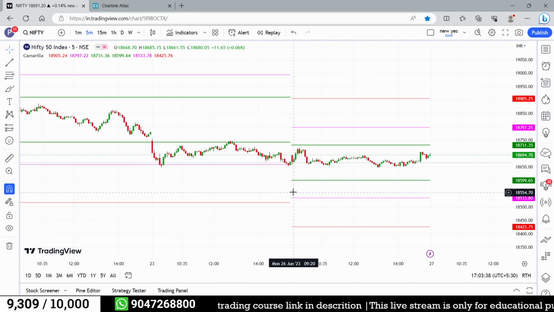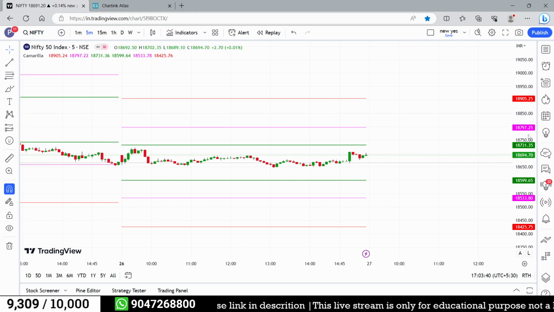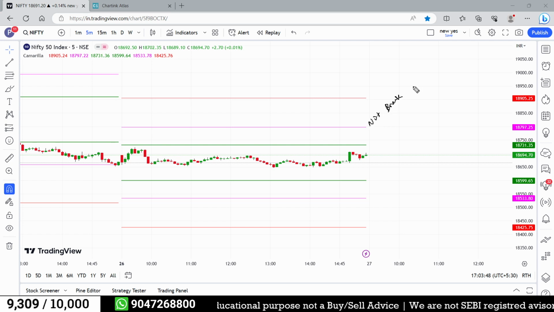So I want to create a strategy. Let me tell you the logic. Simply, the stock does not break H4, the high or resistance 4. It closed below H4, but it crossed above H3, and when it crosses below H3, we can go for a selling opportunity.